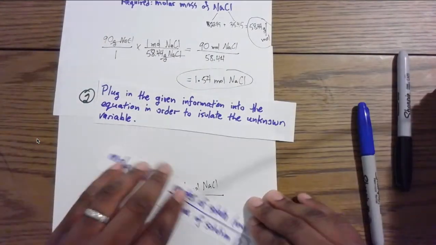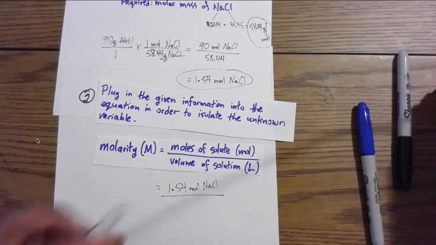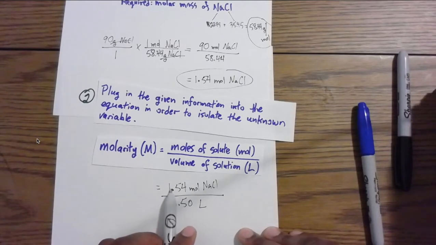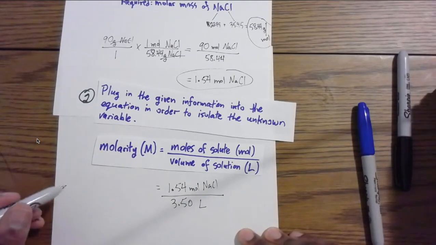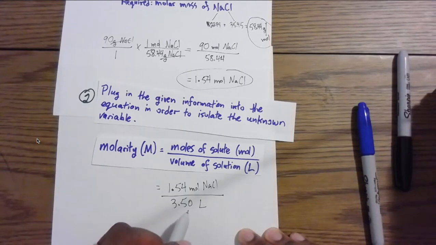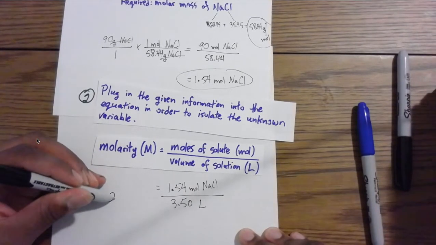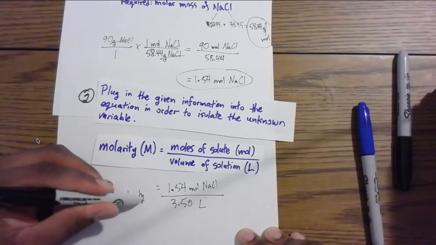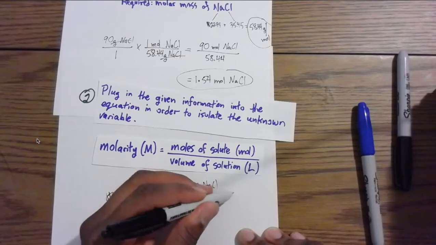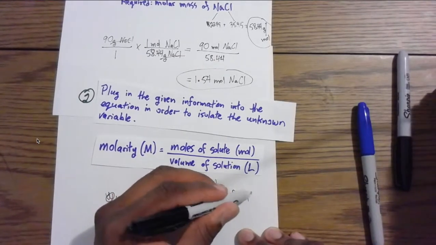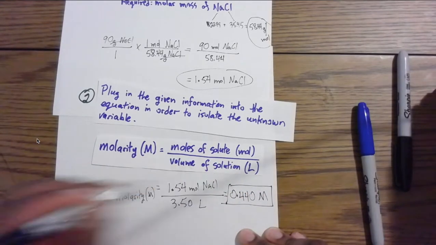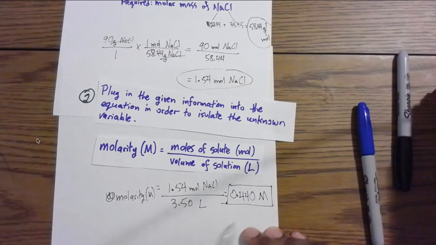So let's put that in there, 3.5 liters. And when you do 1.54 divided by 3.5 liters, that is equal to 0.44. This is molarity, big M, equal to 0.44 molar solution of sodium chloride, and this is our final answer.